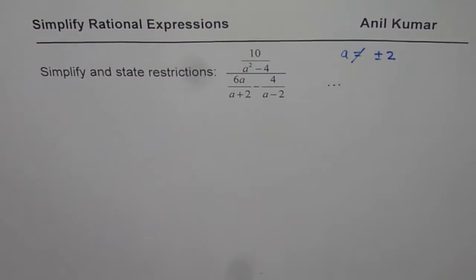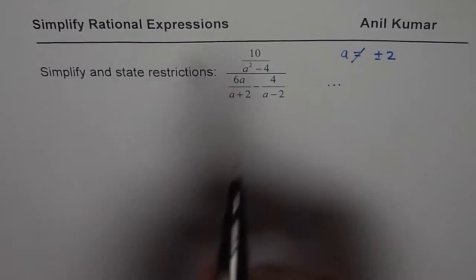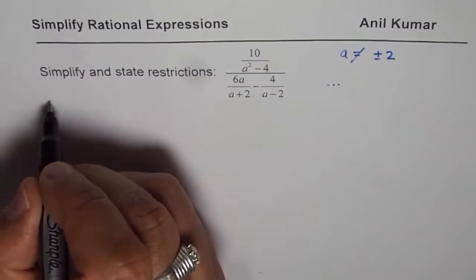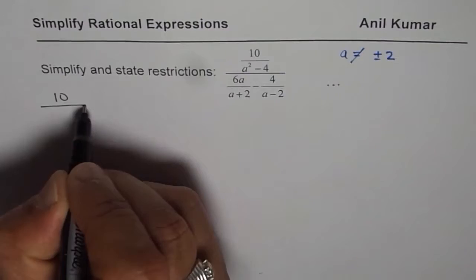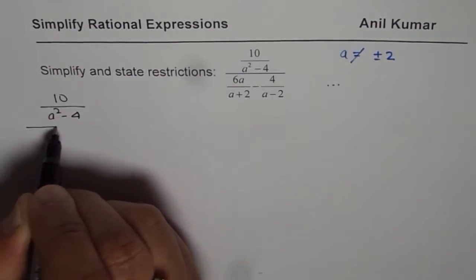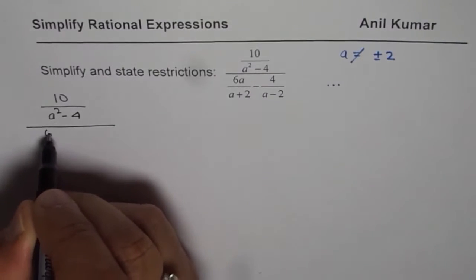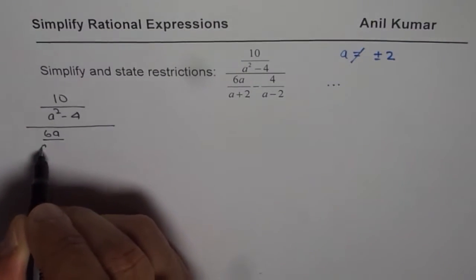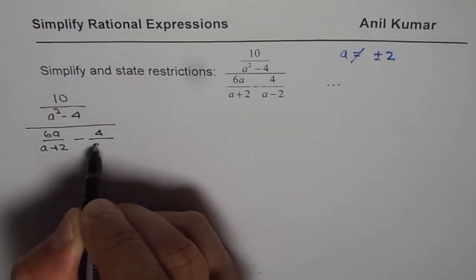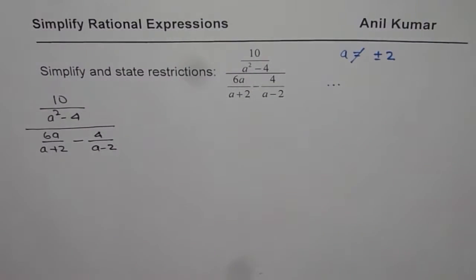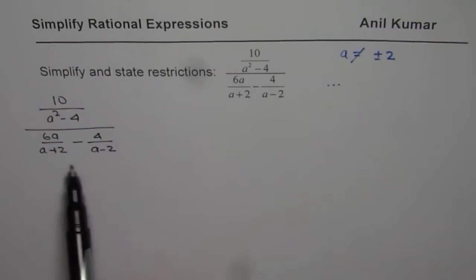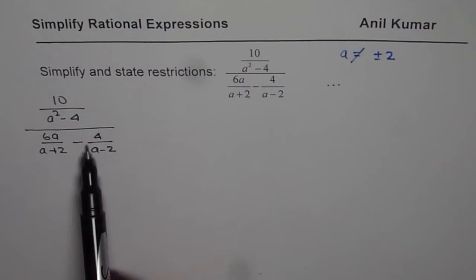Now, let's continue to simplify this particular expression. The expression given to us is 10 over a square minus 4 divided by 6a over a plus 2 minus 4 over a minus 2. Now, what we can do is separately do the denominator and then fill it in here.